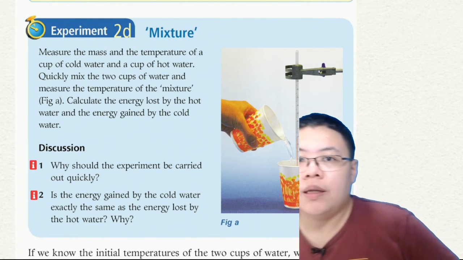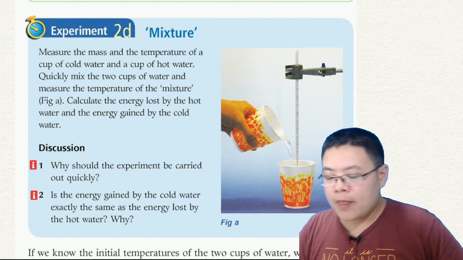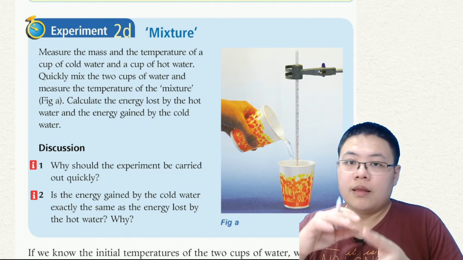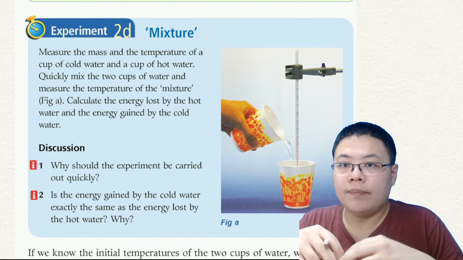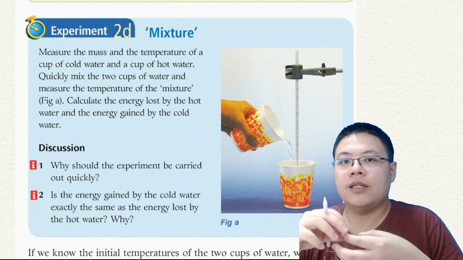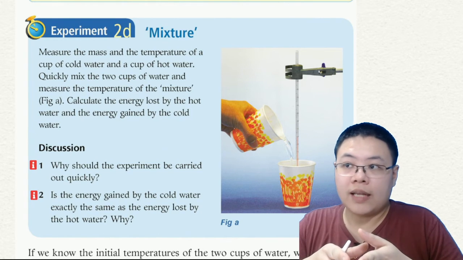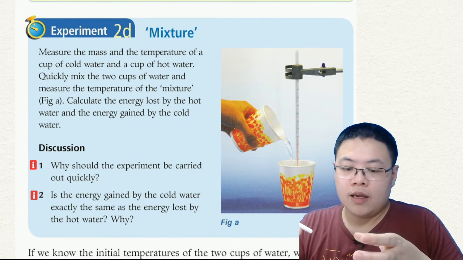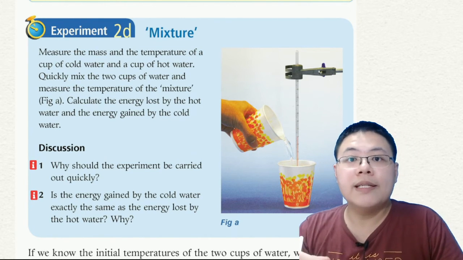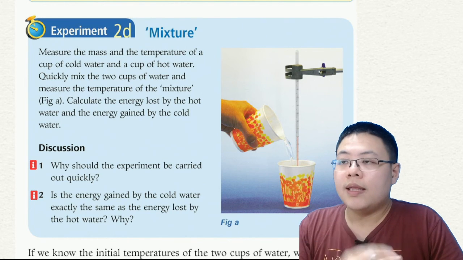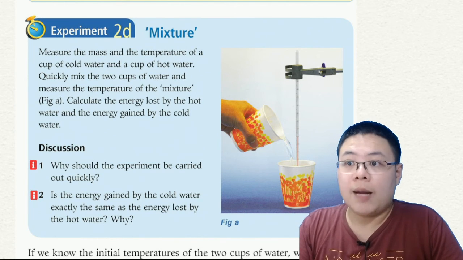This time is no surprise, because the energy will be lost to the surroundings. If you perform it quickly, then less energy can escape within a short time. So if you can pour quickly, stir quickly, and take the temperature measurement quickly, then you can reduce the error.